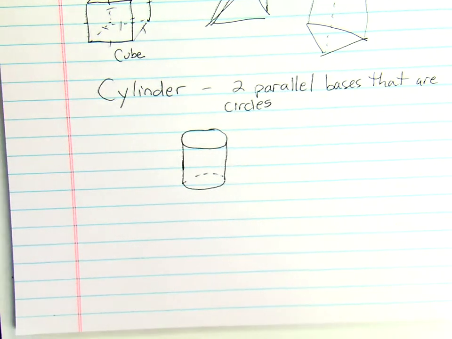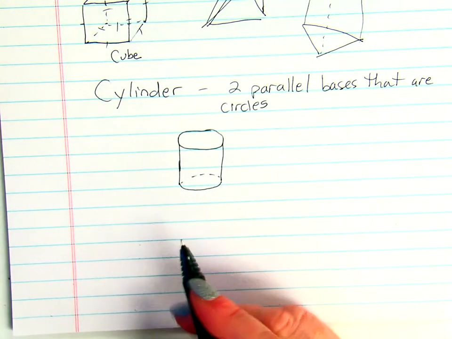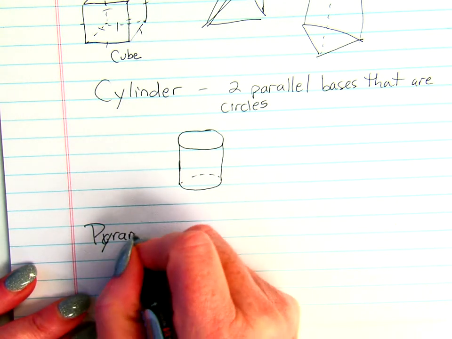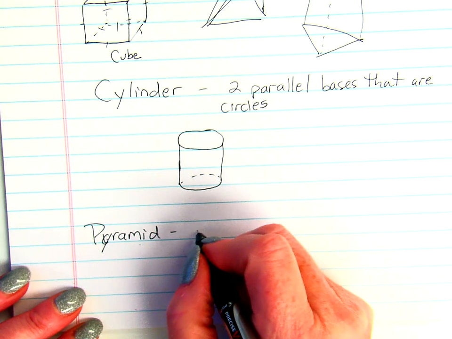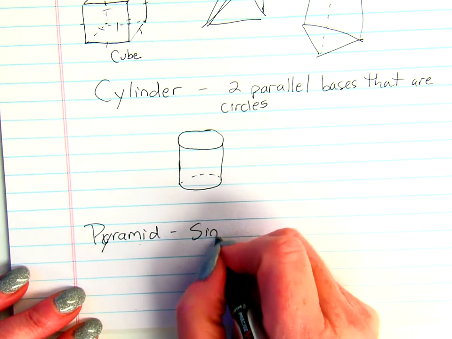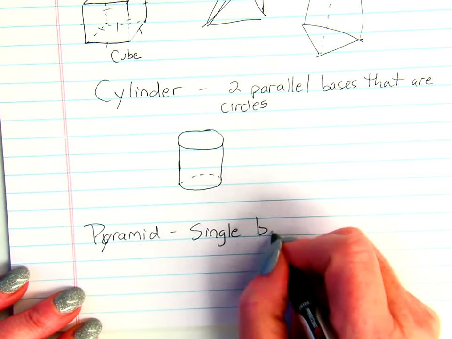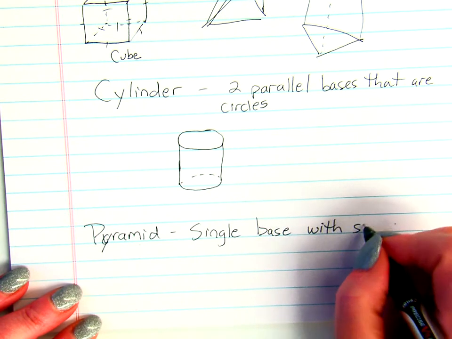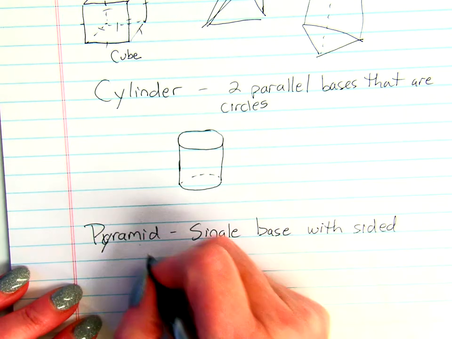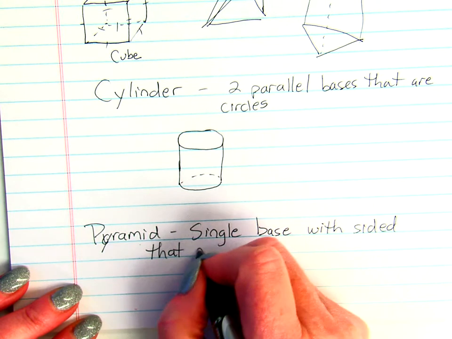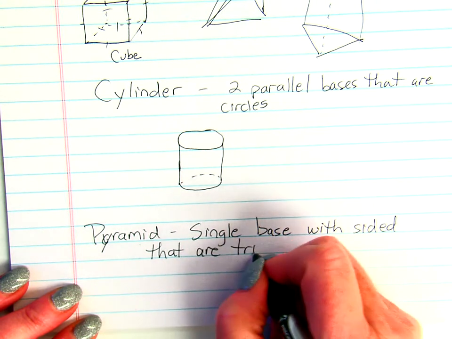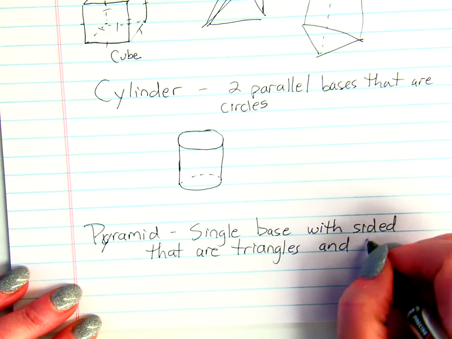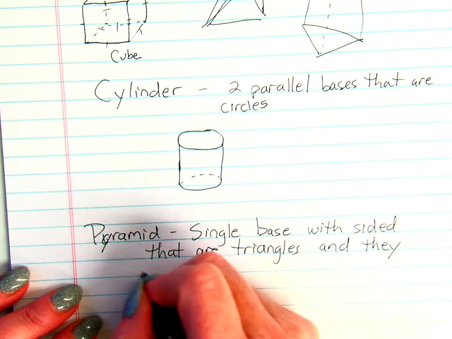And then we are going to look at the pyramid, which has a single base with sides that are triangles, and they meet at a vertex.